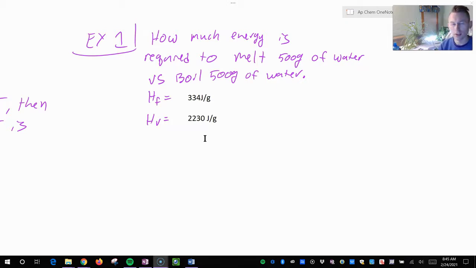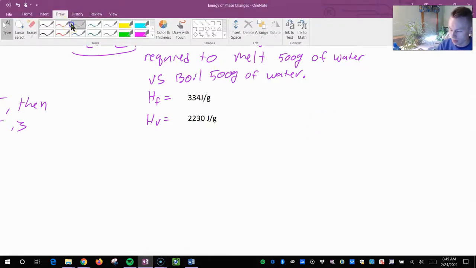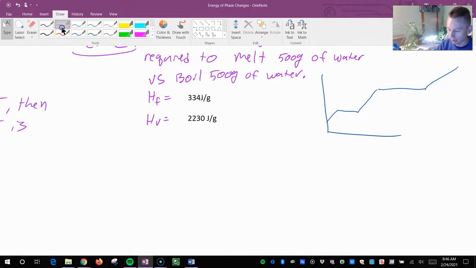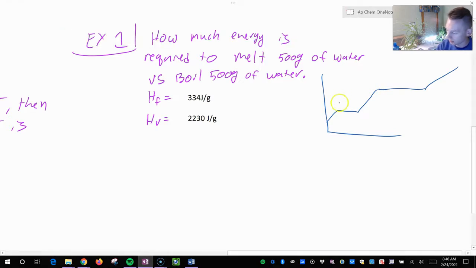When you're trying to do a problem like this, this one's pretty straightforward, but it's never a bad idea to draw your heating curve for this situation. So we're looking at just doing this part and just doing this part.